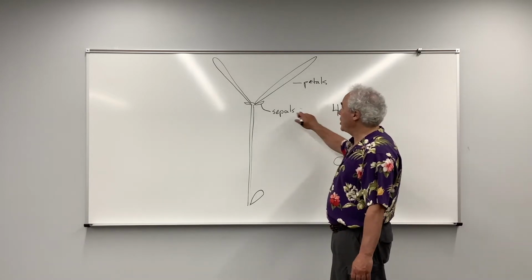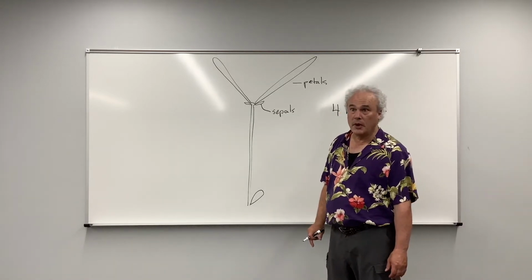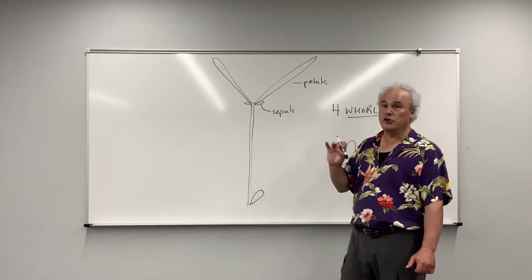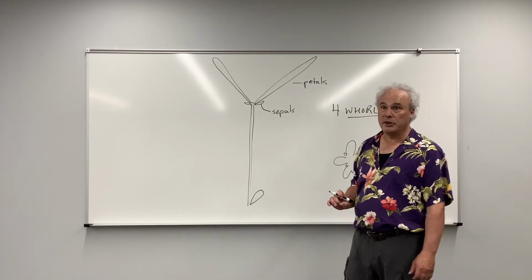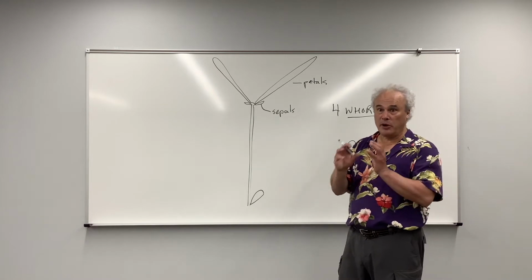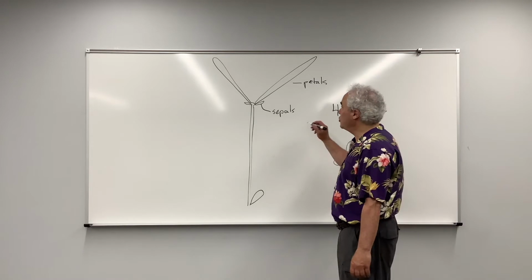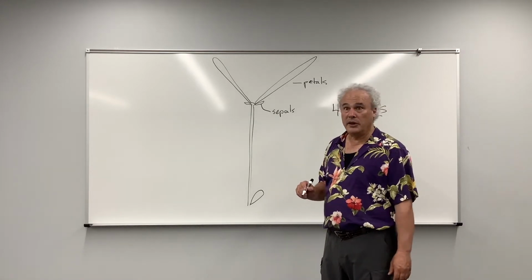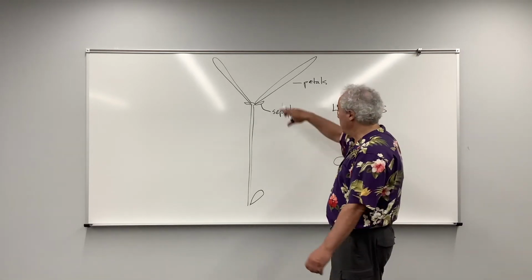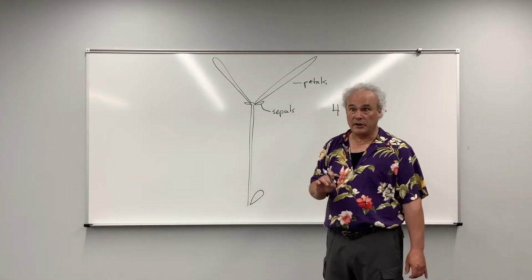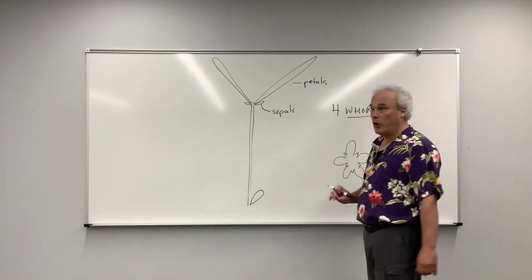The sepals are the outermost whorl, and the basic generalized function of the sepals is to protect the flower when it's in bud. So when you see a flower bud, you're basically seeing the sepals. Each one of these organ whorls has both an individual and a collective term, and you're going to need to know both of them.